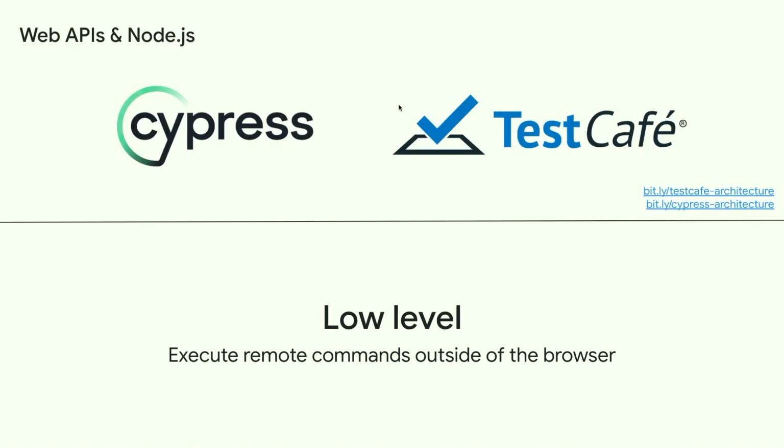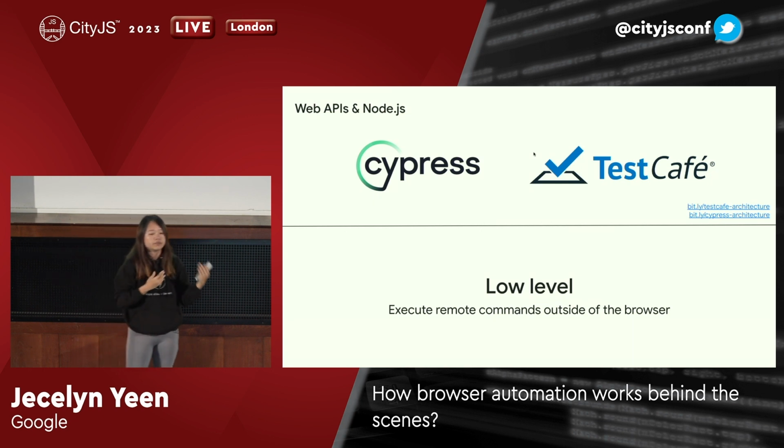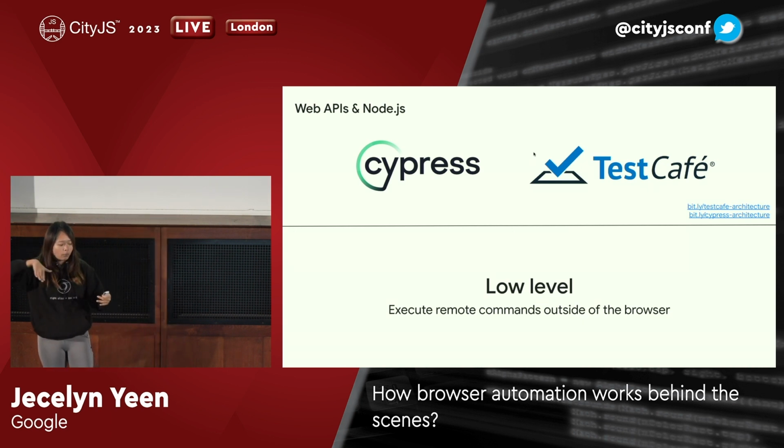For example, Cypress and TestCafe use the system API and Node.js to do some automation within the browser. So some of the tests run pretty fast, but there are some limitations. If you want to open multiple tabs, simulate device mode, or mock the network request, you need to go lower.